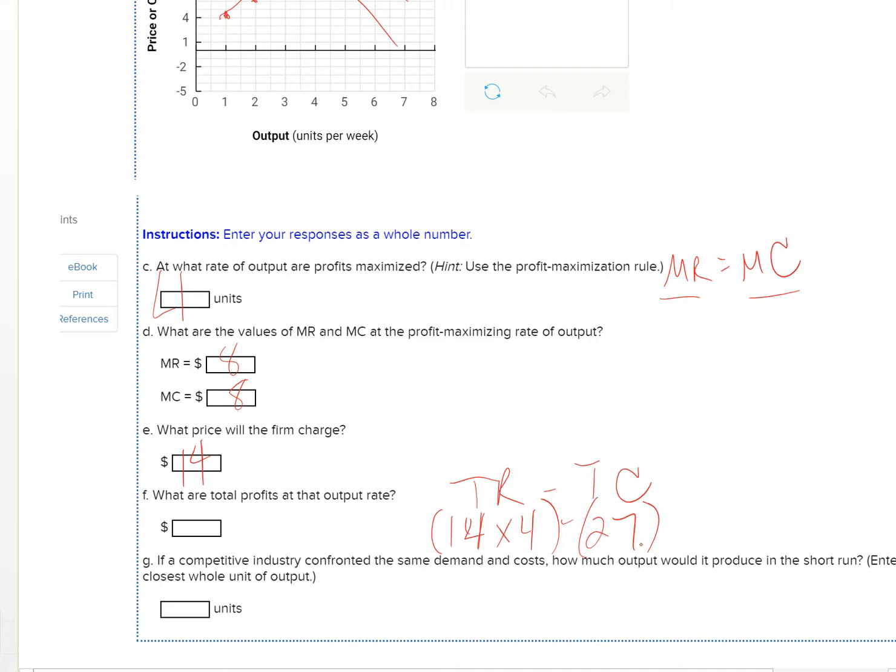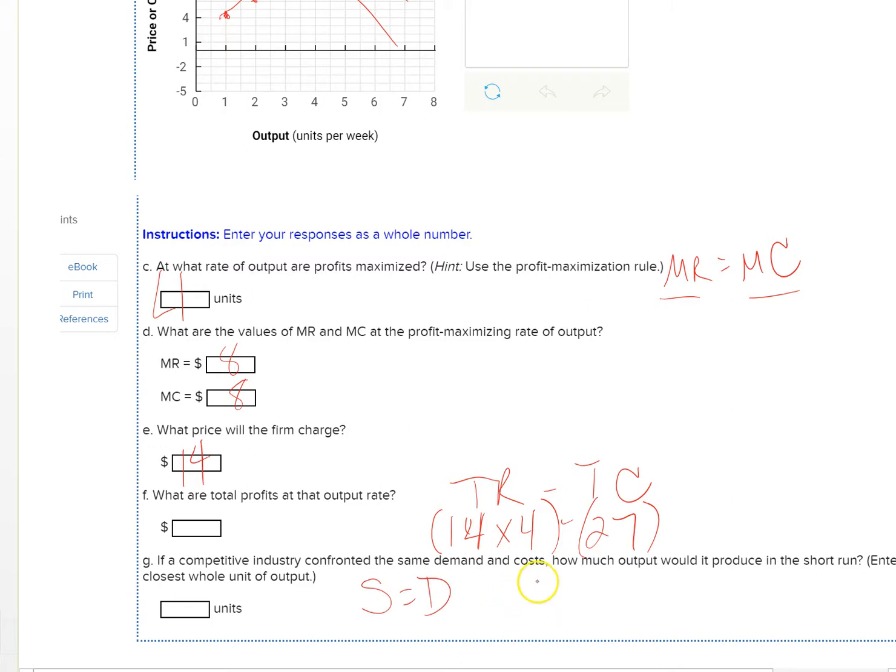And then finally, if a competitive industry confronted the same demand and costs, how much output would it produce in the short run? And you're going to find where it's, and then this is an approximate one. This is between two values. But for this one, for perfect competition, where supply equals demand. Well, you already have the demand curve. What you don't have is the supply curve.